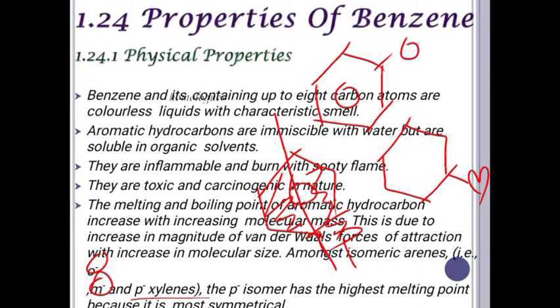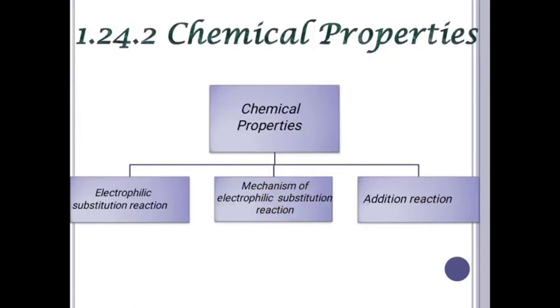That is known as the para position. It is more symmetrical. But if we cut here, it is not symmetrical in nature. If we cut here also, it is not symmetrical in nature. But in the para position only, the compound will be symmetrical. So, the para position has the highest melting and boiling point compared to ortho and meta positions.